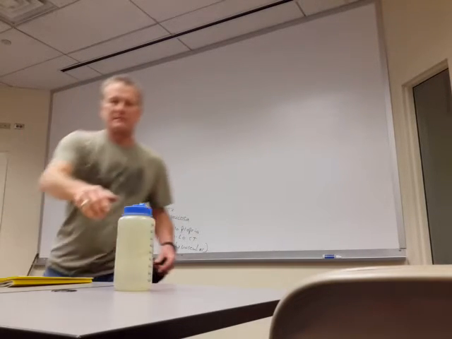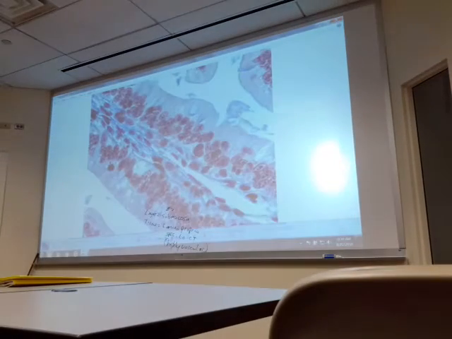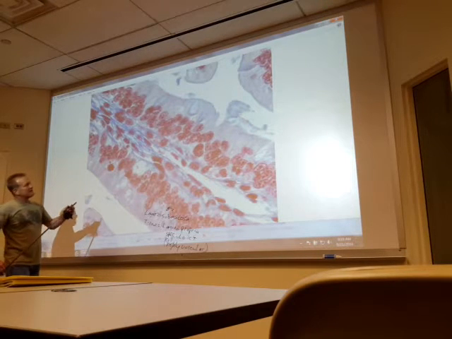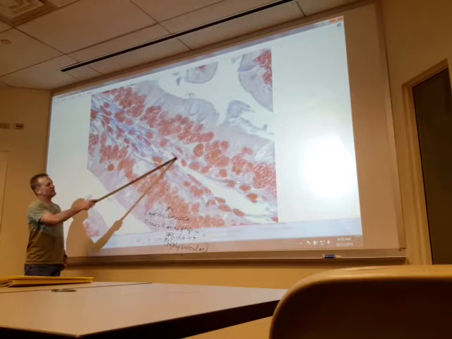So when we're talking about said specialized loose connective tissue, can we refer to the other places that have loose connective tissue, or is that a stretch? Let me make sure I understand your question. So let's say we were looking at this, and I said, give me a location of this tissue other than the location that you're looking at.